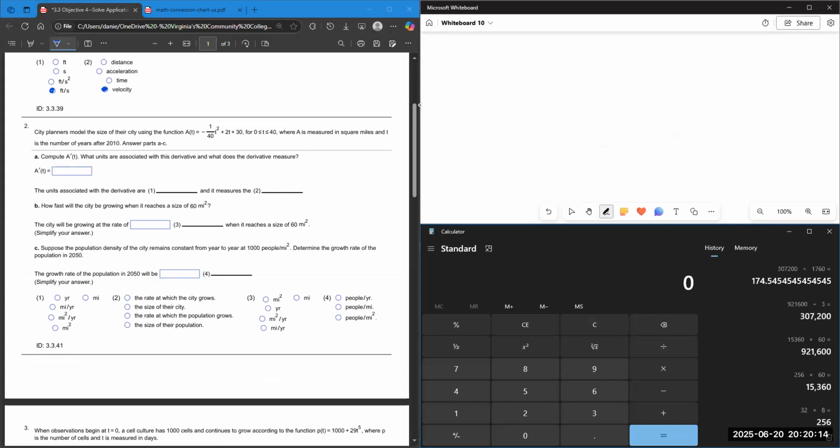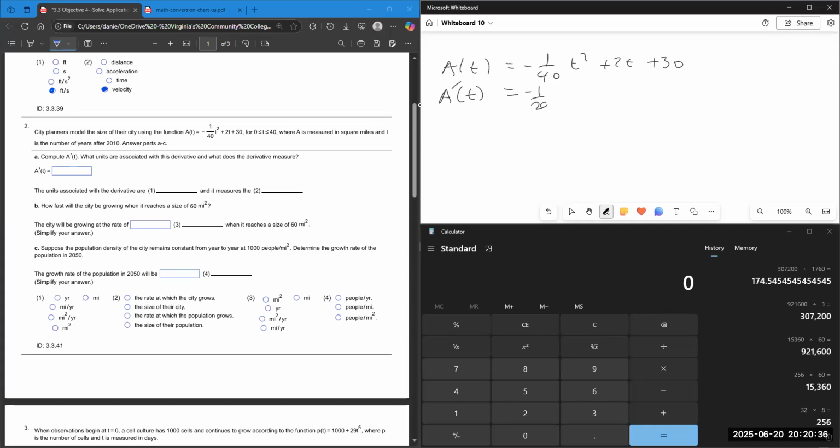City planners model the size of the city using the function a of t is equal to -1 over 40 t squared plus 2t plus 30. T has to be between 0 and 40. T is the number of years after 2010. So let's compute a prime of t.